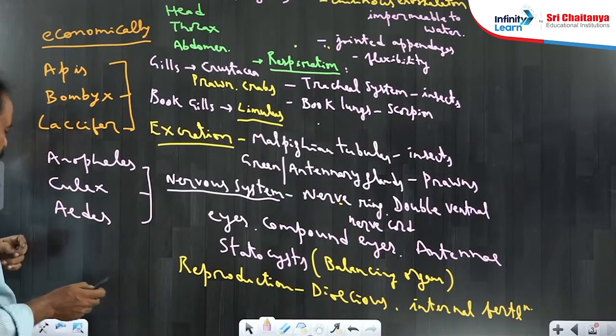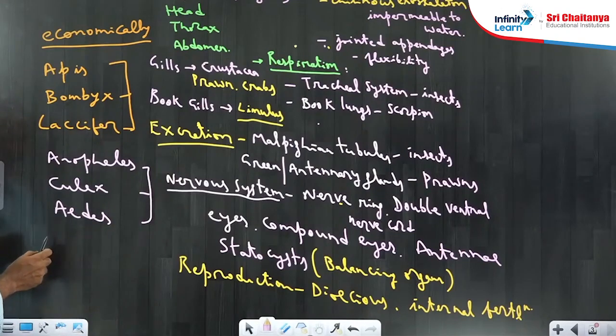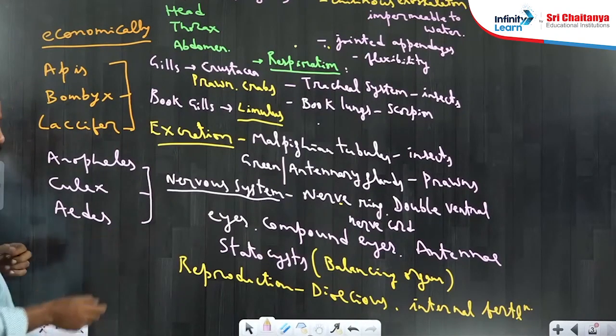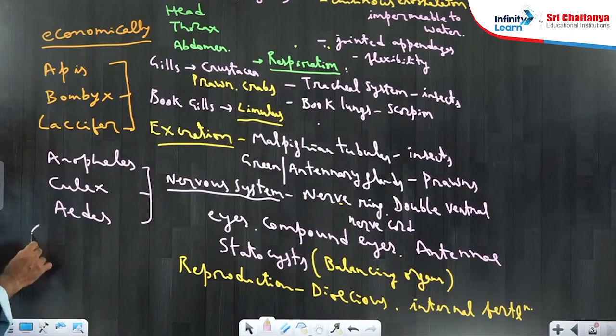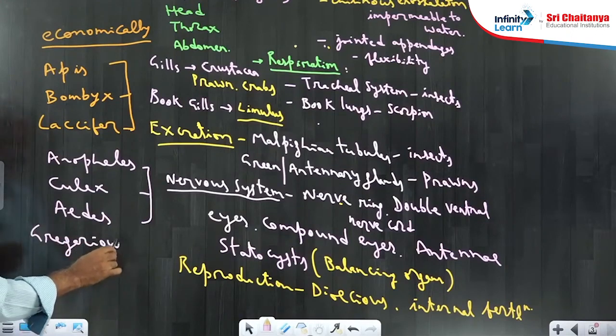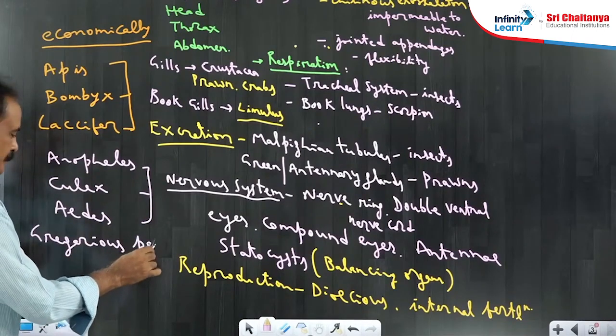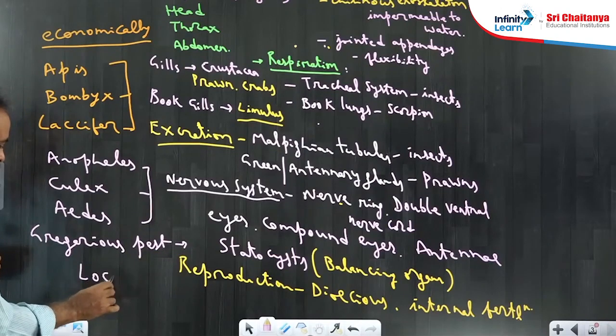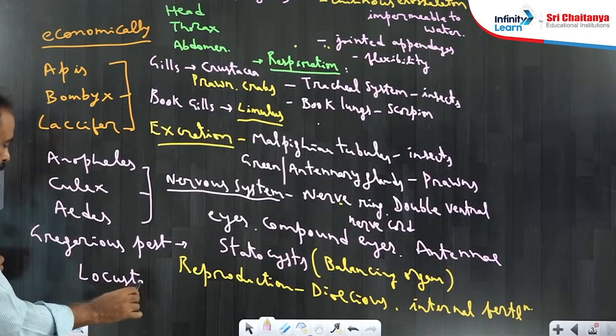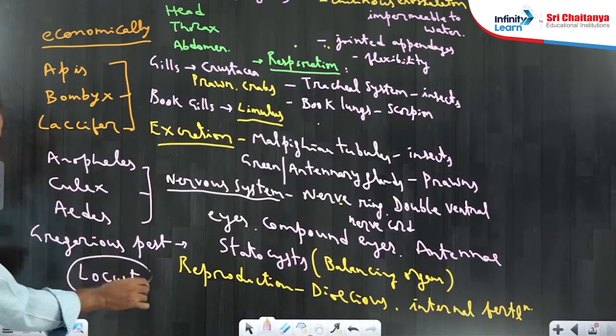Beside these, we need to remember about the example of scorpion which we discussed. We have an example called gregarious pest. This is also important. The animal called Locusta.